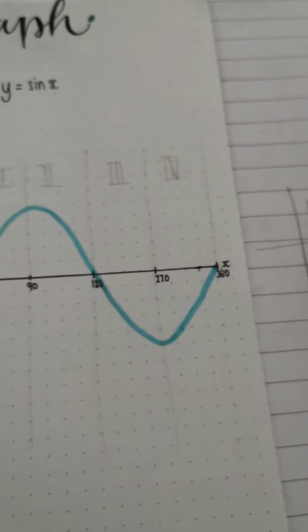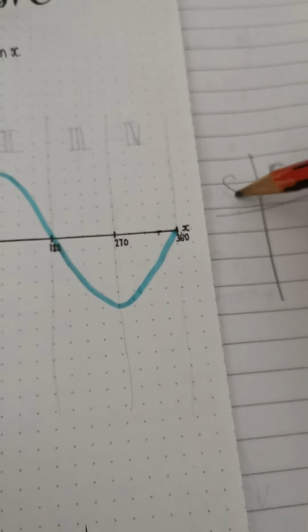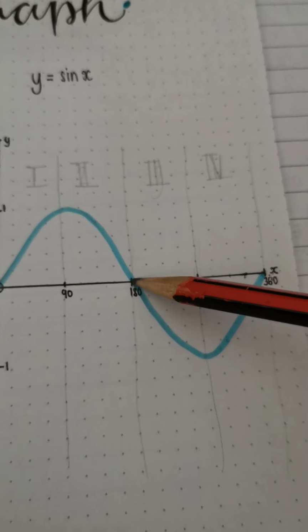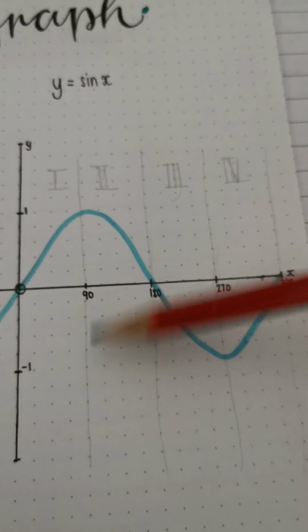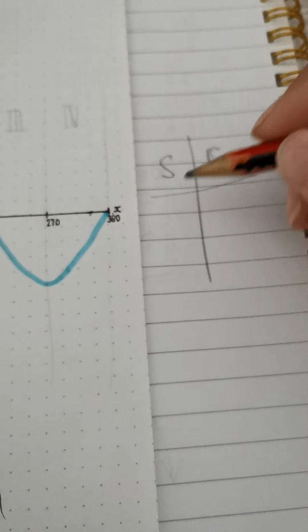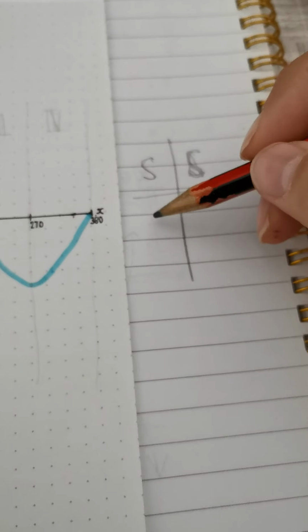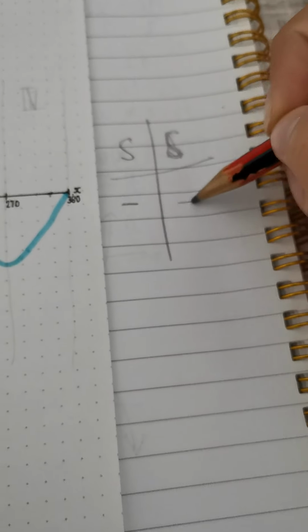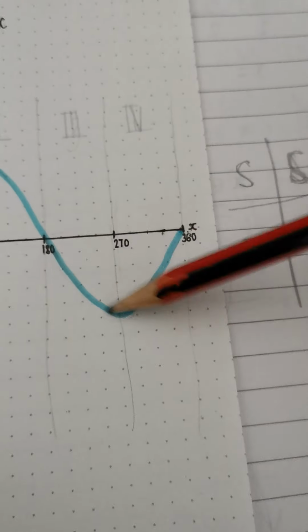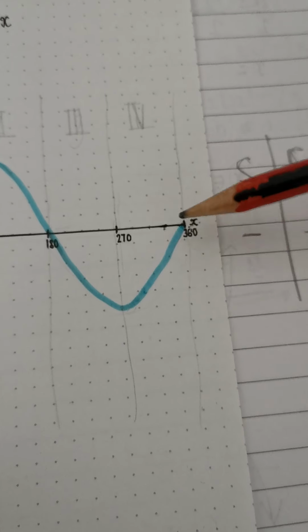It also says that in the second quadrant sine is positive. Hey, look at that, between 90 and 180 it's actually positive. What do I mean by positive? I mean it's above the x-axis. We also know that for the sine graph, in the third quadrant it's negative, and in the fourth quadrant it's negative. Hey, look at that, here it's negative in the third quadrant, and in the fourth quadrant it's also negative.